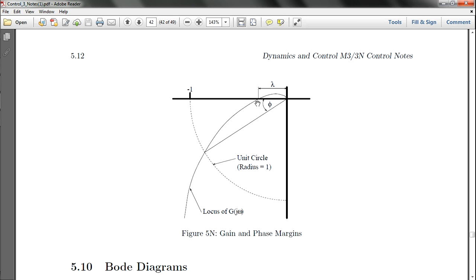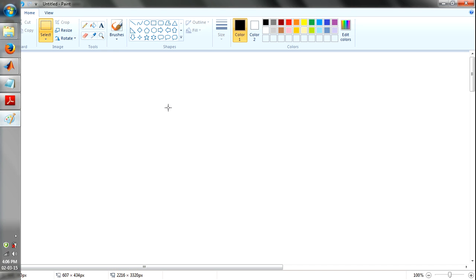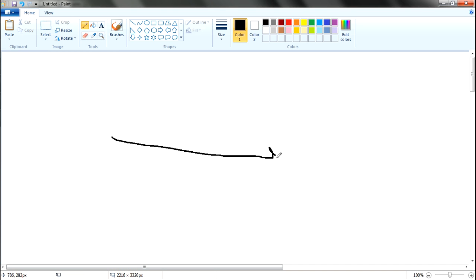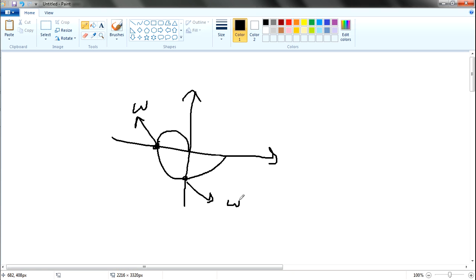How do I find it? Okay, so in another example, if let's say I have a root locus that crosses two points, so I'm keen to find what is the omega over here and what is the omega over here, right? So how do I find?